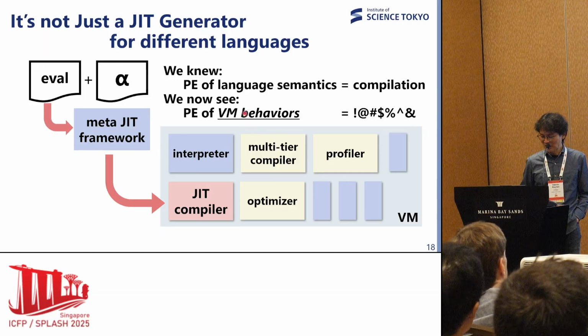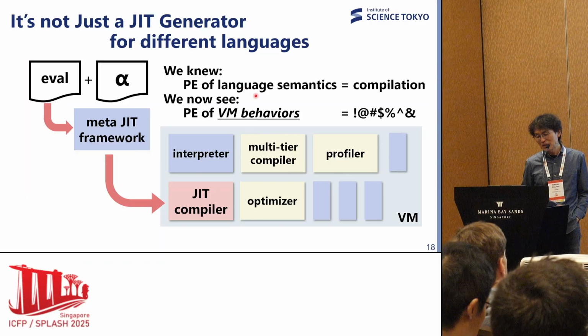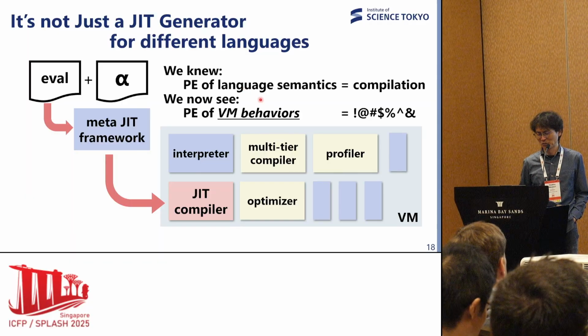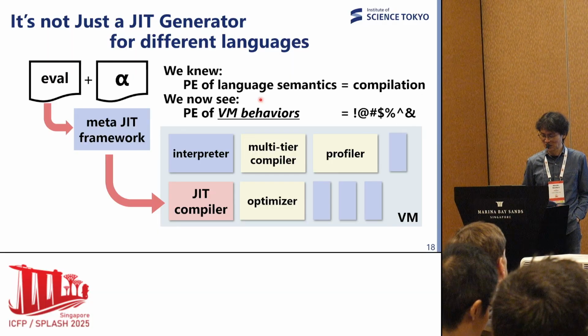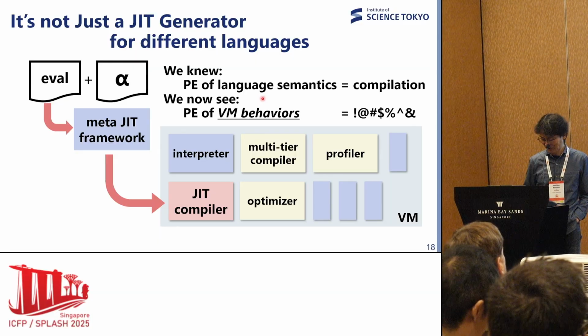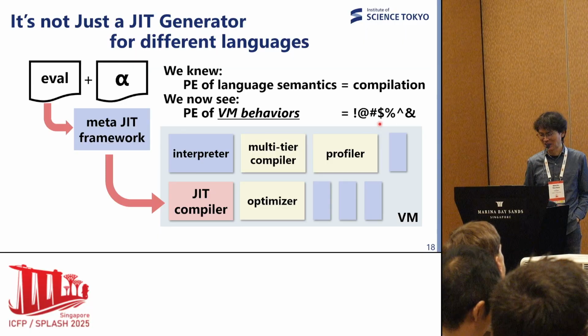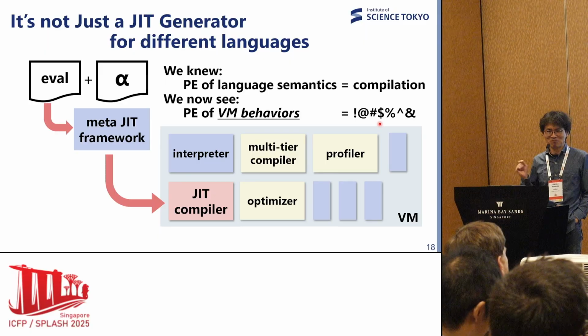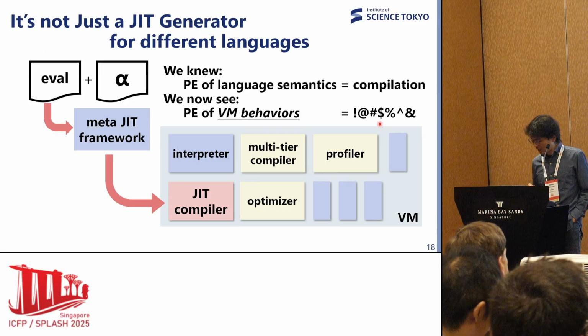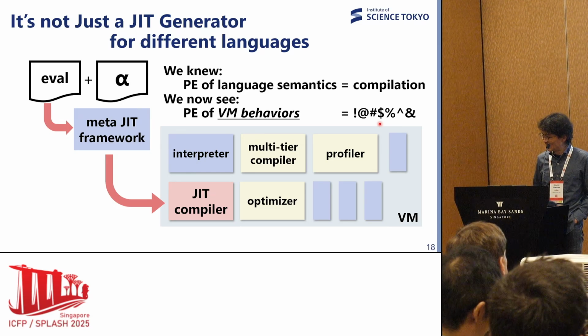We knew that partial evaluation of language semantics gives compilation, but with partial evaluation of virtual machine behaviors, we get something beyond compilation. I also don't know a good word for this, but it is something interesting.